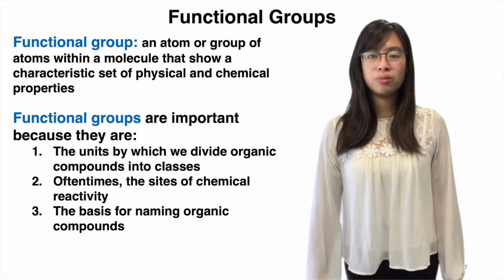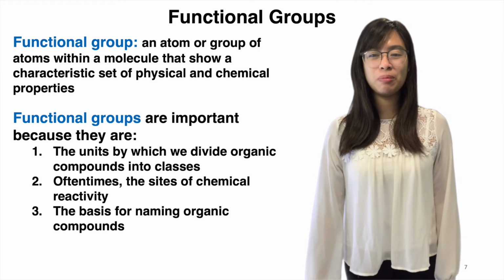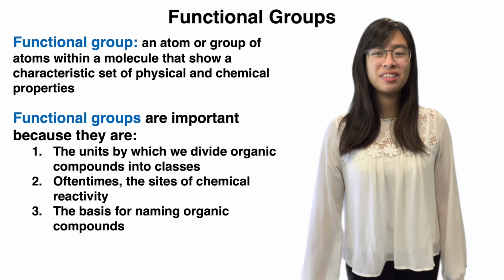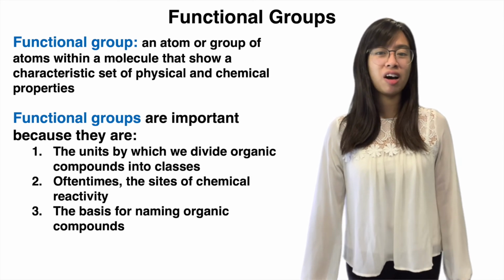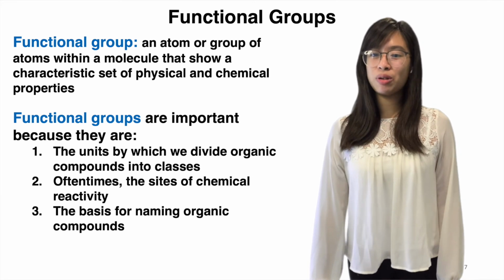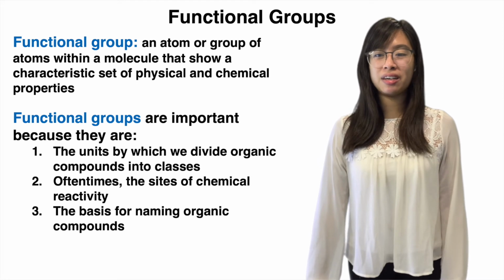Different heteroatoms make what are called functional groups, which give a molecule a set of physical and chemical properties. Functional groups are important because they are: 1. The units by which we divide organic compounds into classes, 2. They are oftentimes the sites of chemical reactivity, and 3. They're the basis for naming organic compounds.